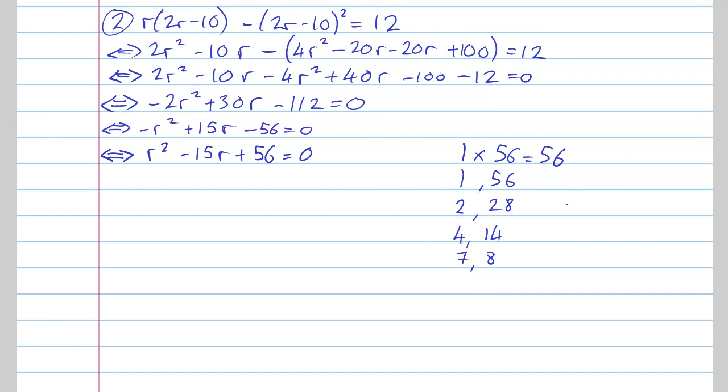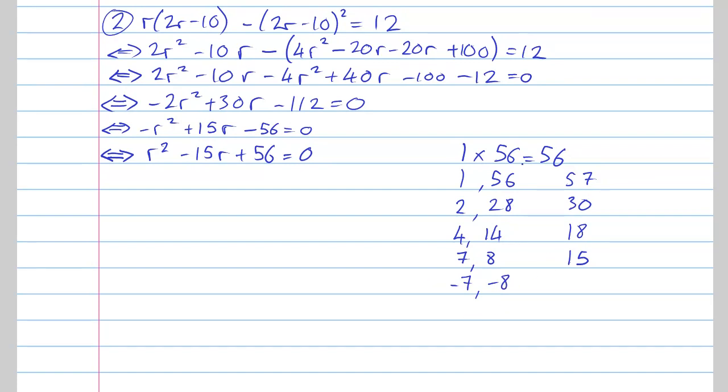Now I'll try and add these together. So 1 and 56 is going to be 57, 2 and 28 will be 30, 4 and 14 is 18, and 7 and 8 is 15. Now you may notice something about this, that when we add the 7 and 8 together we get 15, but 15 is also the coefficient of r, well, minus 15. We can fix this easily by just saying minus 7 and minus 8 are two numbers.